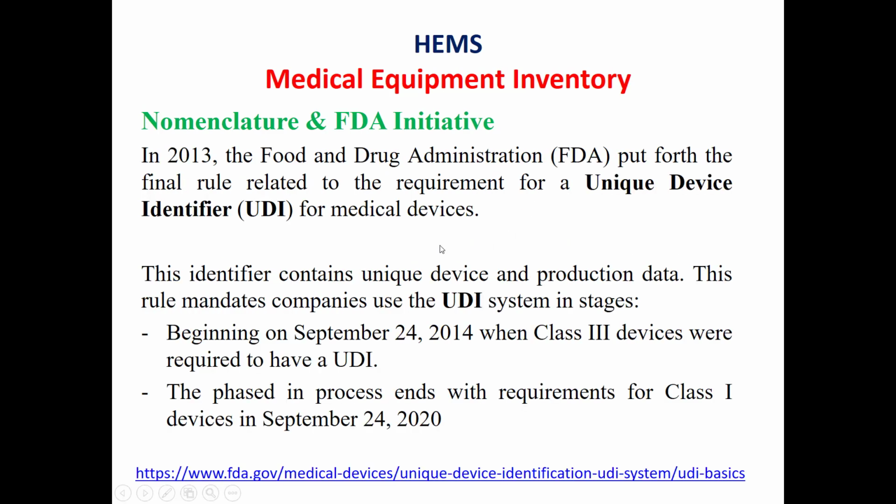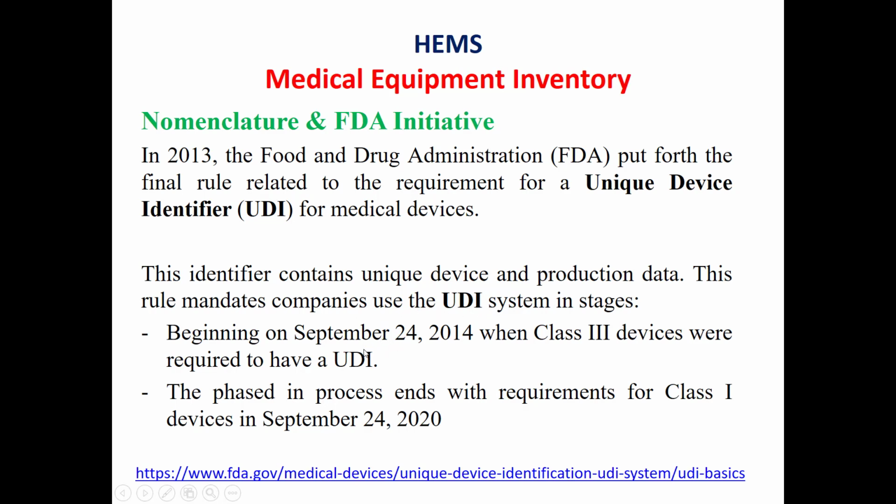So in 2013, the FDA put forth the final rule related to the requirement for a unique device identifier for medical devices, also known as UDI. The identifier contains unique device and production data. This rule mandates companies use the UDI system in stages.